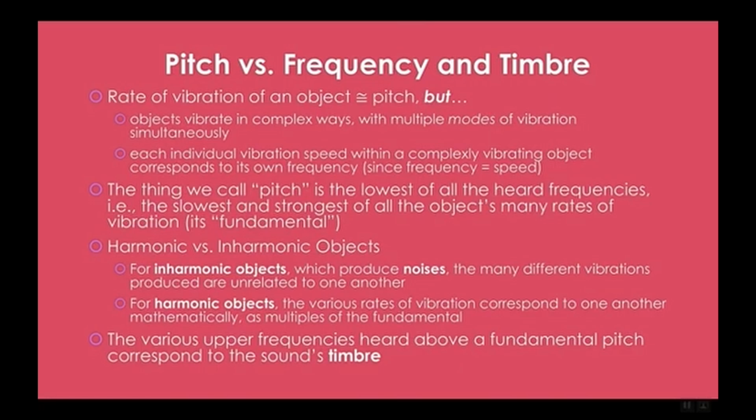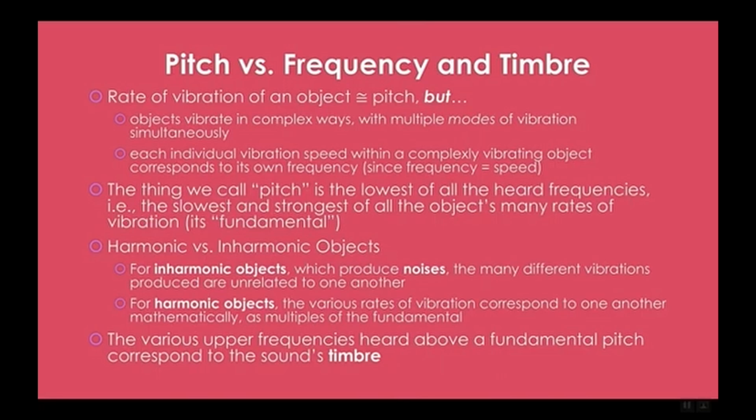If all the upper frequencies that it's producing are related to the lowest frequency that it's producing, then that object is called a harmonic object. It's producing a harmonic series, and it usually sounds like a pitch. If, however, it's vibrating complexly, but the vibrations are not related to one another, just kind of random, then it's going to sound like noise, and that's an inharmonic object.